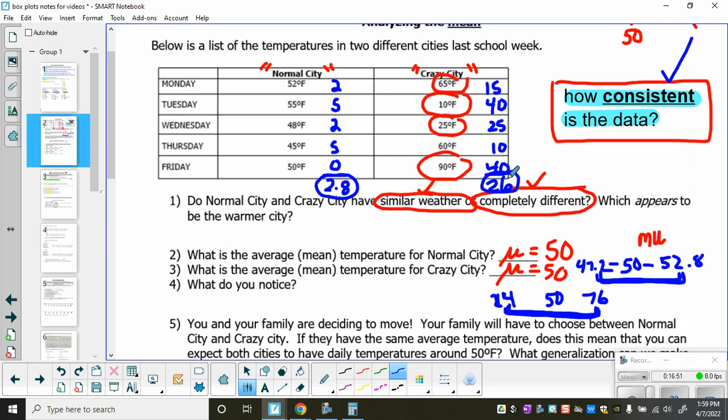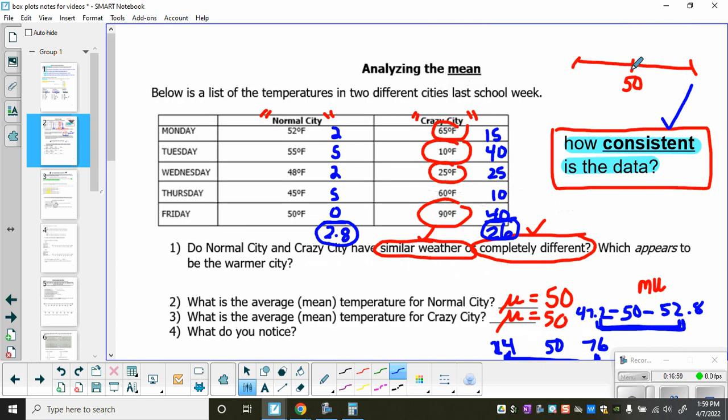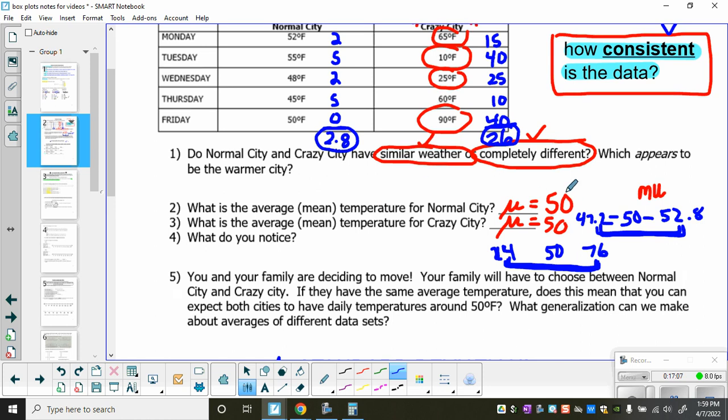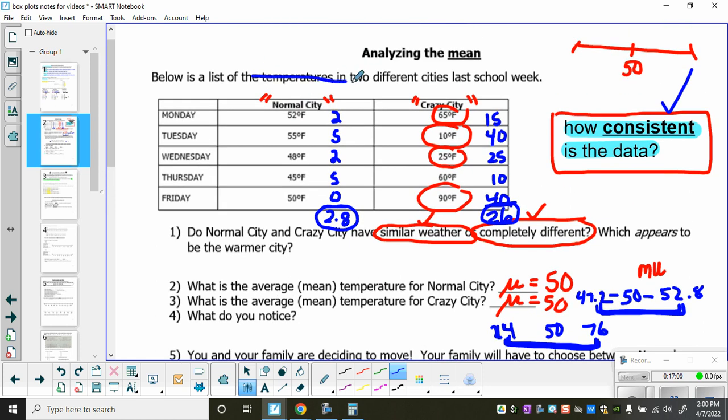The data is pretty inconsistent, and the average in that situation is not a good indicator of the data. It just lets you know that the average is more like that seesaw, balancing out the extremes. And if we ask ourselves for which city 50 is a better representation, we would definitely conclude that 50 is a good representative of the temperature in Normal City.